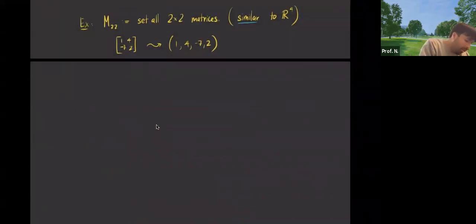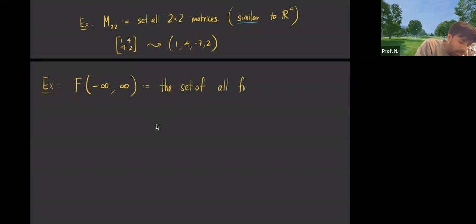Okay, another example of a vector space is F of -infinity to infinity. Now, what is this? This is the set of all functions defined on -infinity to infinity.